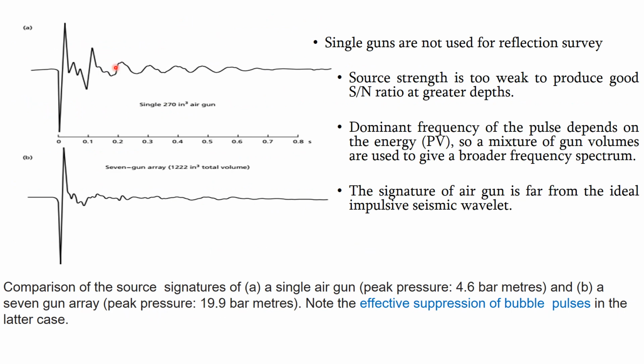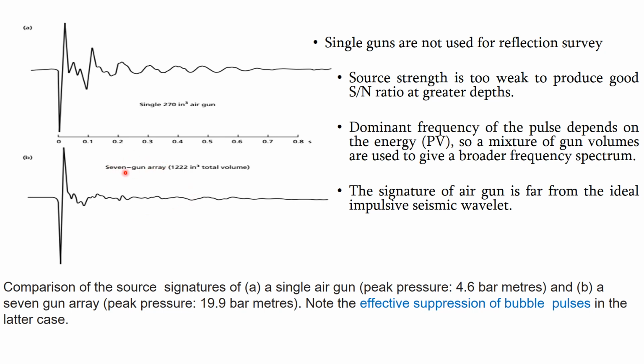This is from a single air gun with a peak pressure of 4.6 bar-meter, and this is the 7 air gun array. Look at the difference. Here the secondary bubble pulses are not suppressed, but in this figure, where we are using several gun arrays, there is a suppression of the bubble pulses. So this is more acceptable.